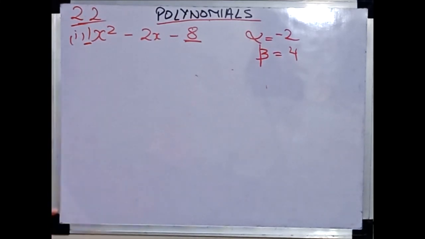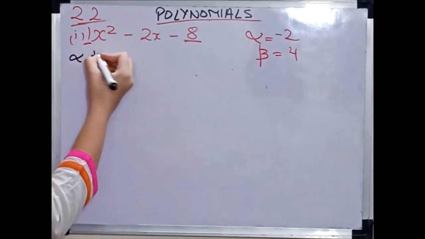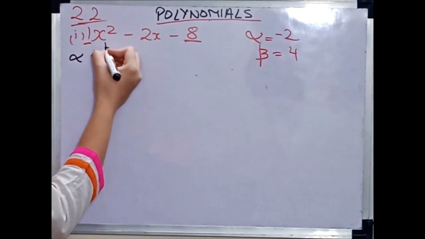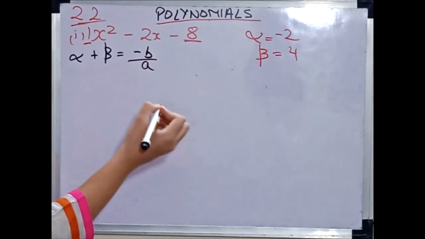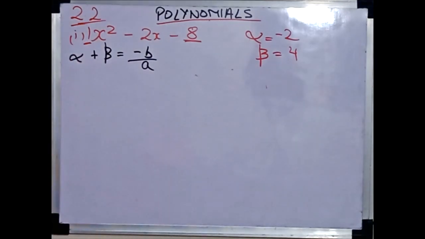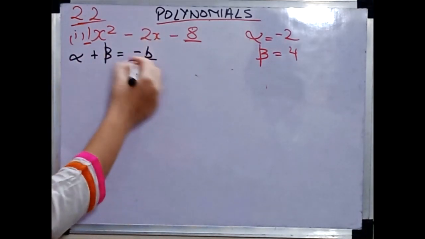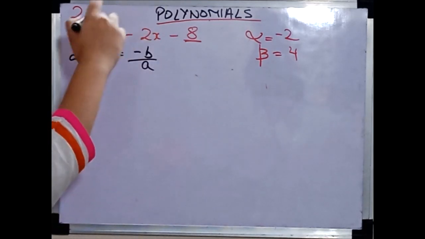If you read the question, it says find the zeros of the quadratic polynomial and verify the relationship between the zeros and the coefficients. It means basically it's telling us to verify, and we have two formulas to do that. Alpha plus beta equals minus b upon a, right? And I told you that even if your b is minus, you will still put that minus.